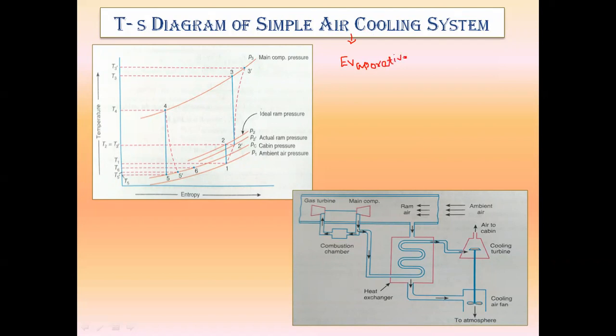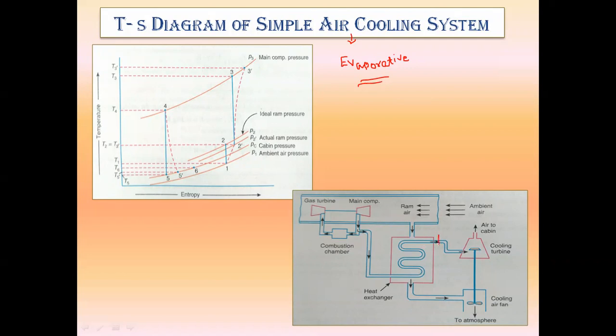There is a slight change in the diagram of the simple air cooling system to make it a simple air evaporative cooling system, and that slight change is nothing but the addition of one more evaporator, between the heat exchanger and cooling turbine.